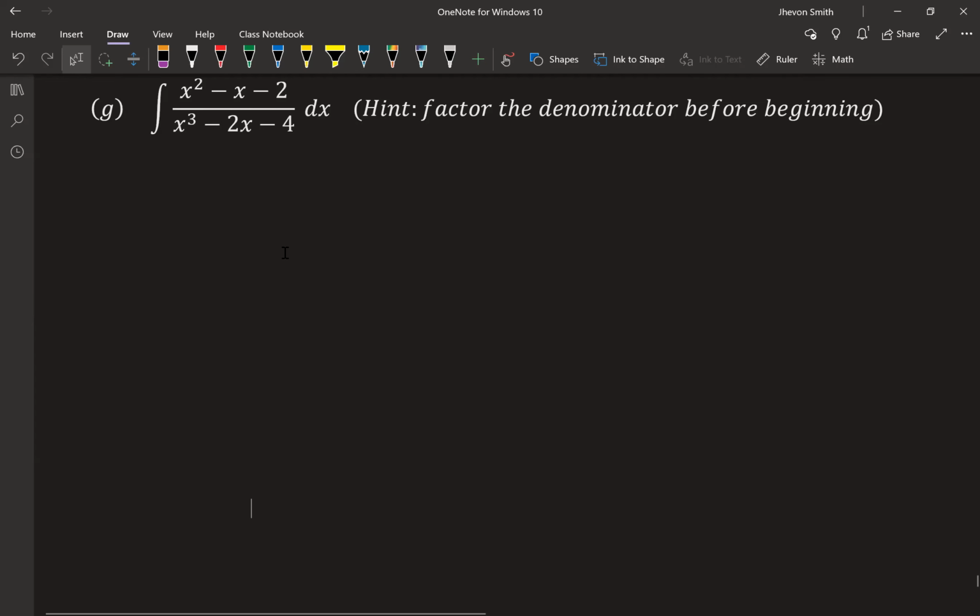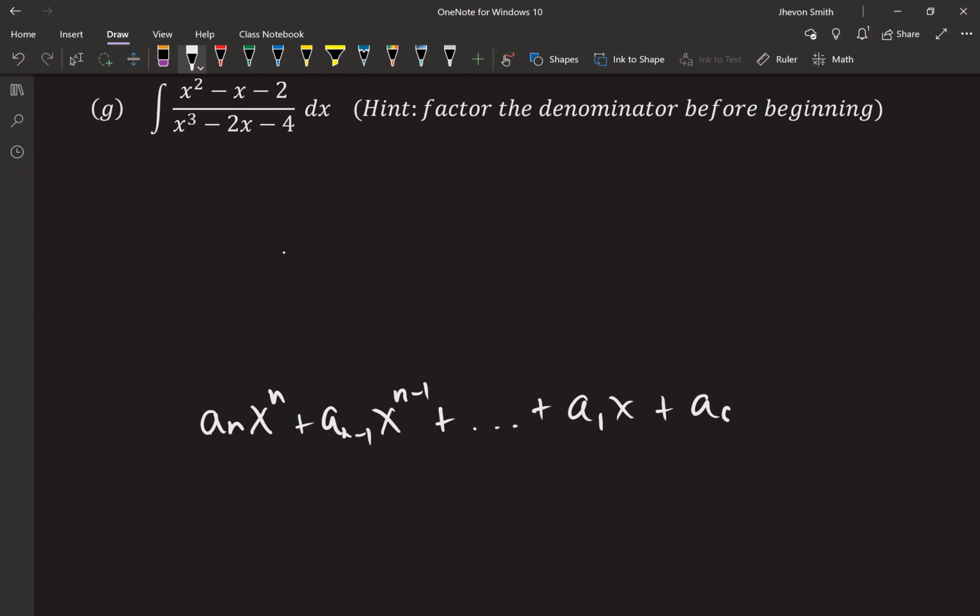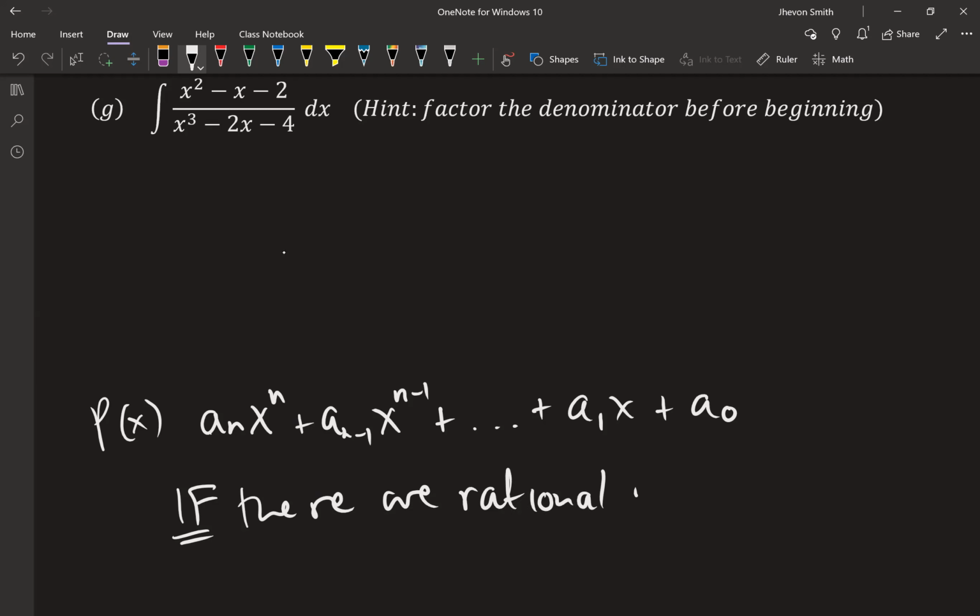Okay, so the rational roots theorem. If you have a polynomial like x to the n plus x to the n minus 1, going all the way down to a1x plus a0, then it says if there are rational roots, there might not be rational roots, but if there are, so this is the rational roots theorem.